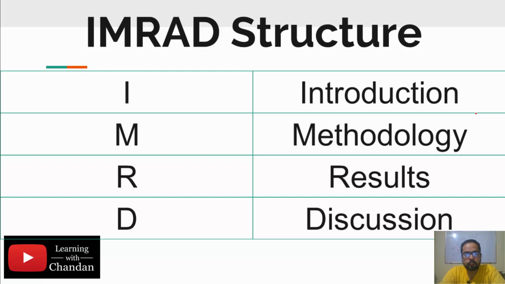Every research paper should have these four sections, and all the information that you want to share should be written in these four sections only. This is an internationally accepted structure of a research paper known as the IMRAD structure.